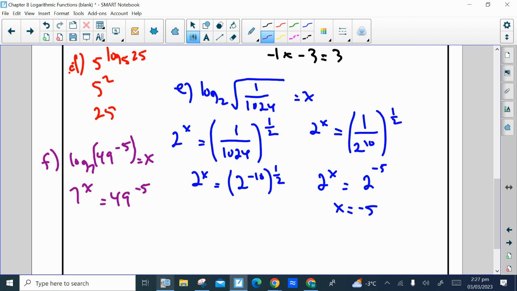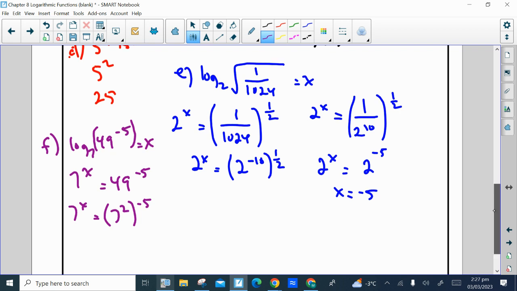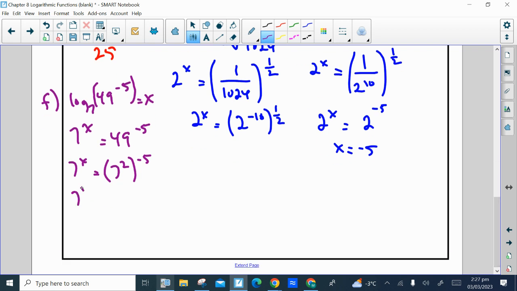So that becomes what is written on the right side when we convert from logarithmic to exponential. We can express both with a base of 7. 49 is 7 squared, to the power negative 5. You multiply the exponents and get negative 10. Bases are equal, so the exponents are equal as well.